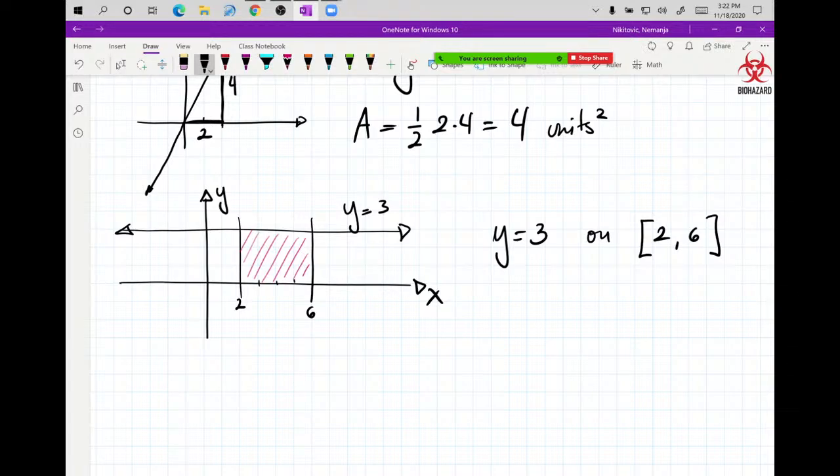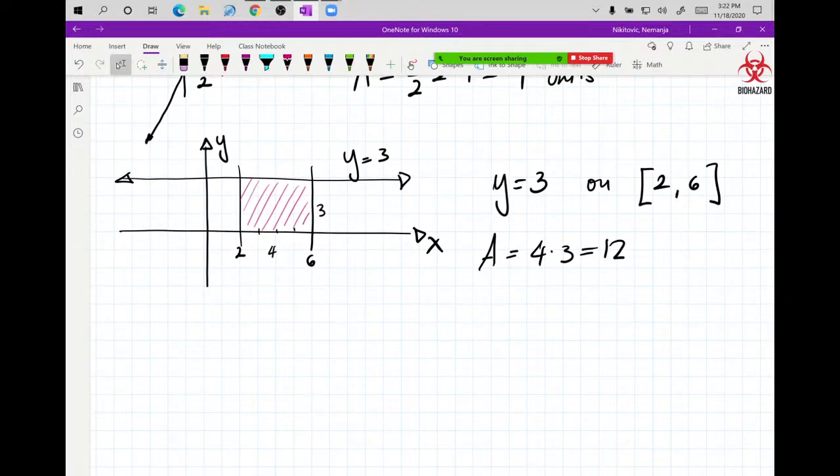Then I can say that's 4 units, that's 3 units, so area is equal to 4 times 3 equals 12. And you actually do have 12 of these rectangles if you zoom in. So units squared, whatever the units are.